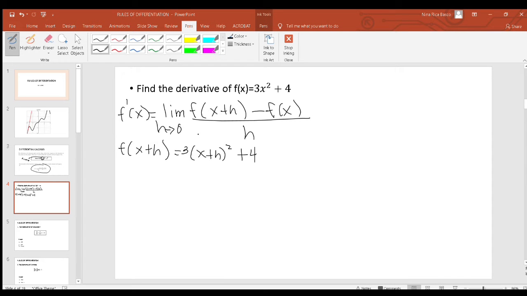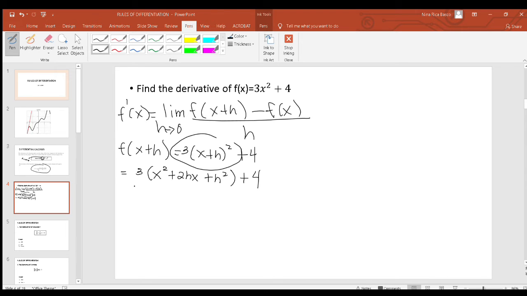And then, let's expand the first term. Pwede nyo gamitin yung FOIL method or yung shortcut niya. Ako, shortcut ko na lang siya. X squared plus 2hx plus h squared plus 4.